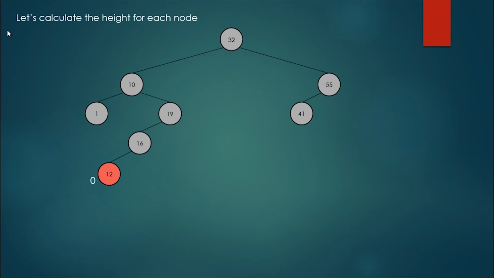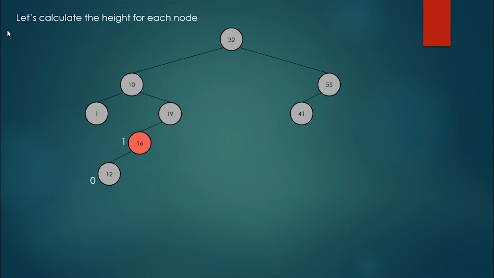That's what we've been talking about. So we visit its parent, which is 16. Because 16 has a left child with height 0, and it doesn't have any right child, it has a right child with height -1. That's why it's important, because an algorithm doesn't know what it means that it doesn't have any right child. We have to specify that if it's a null pointer, we assign a -1.